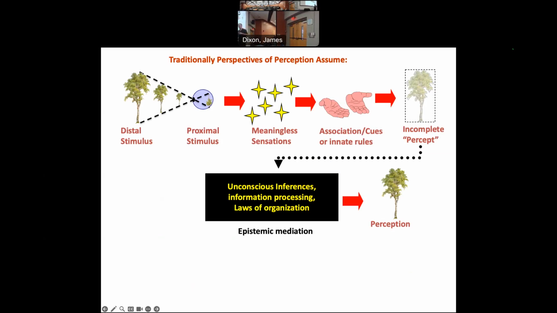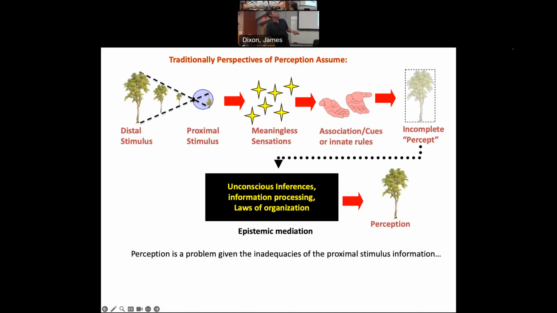So I'm now going to say, well, maybe some of this isn't necessary. Because this is all turning on the idea, crucially, that perception is a problem because the proximal stimulus is inadequate somehow. It doesn't really sufficiently say tree to me.